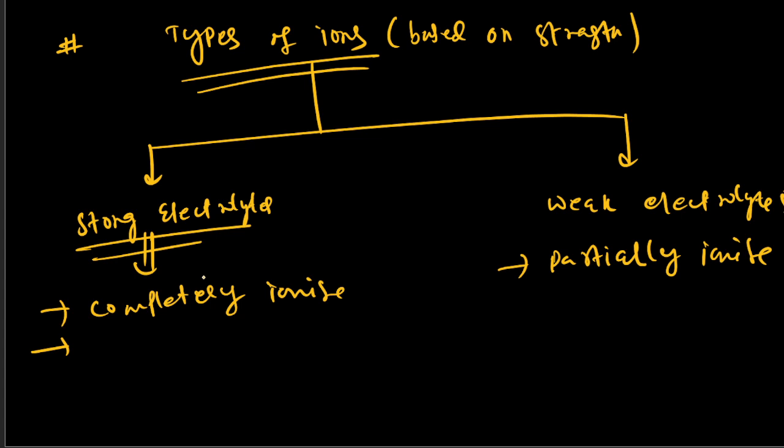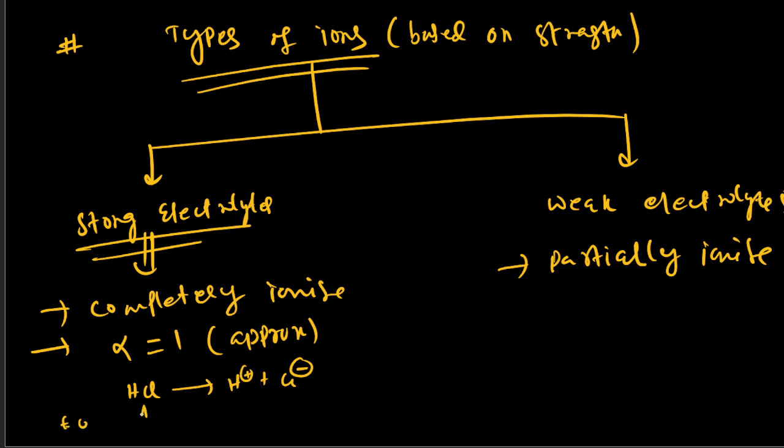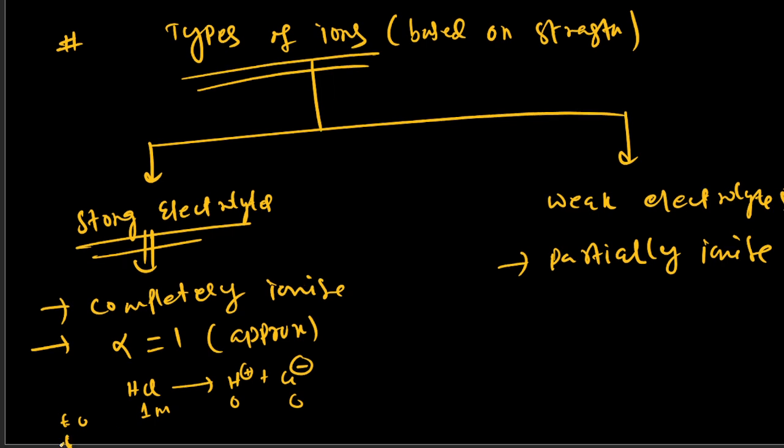We already studied in chemical equilibrium that for a strong electrolyte alpha is approximately equal to 1, where alpha is the fraction of moles dissociated. Suppose HCl is there, it dissociates into H plus and Cl minus. At t equal to 0, 1 mole is there and nothing has dissociated.